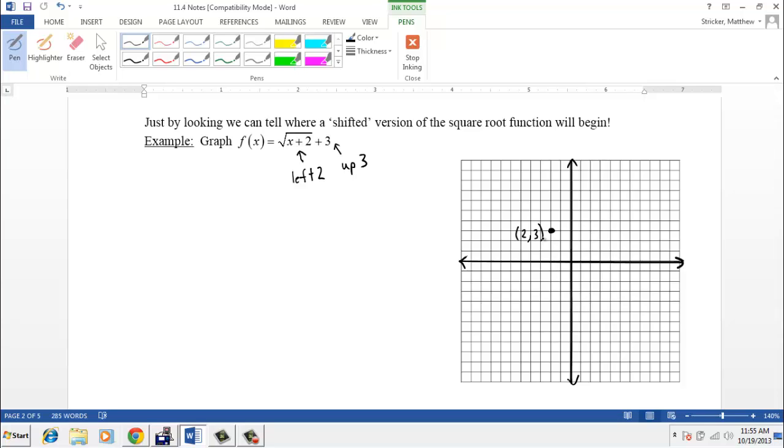Now, you could pick some points there. For example, you might want to pick something like -1, because if you choose -1, that makes square root of x plus 2 into the square root of -1 plus 2. -1 plus 2 is 1, which equals 1.